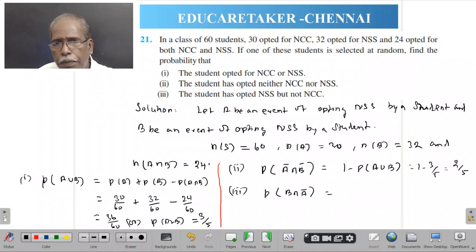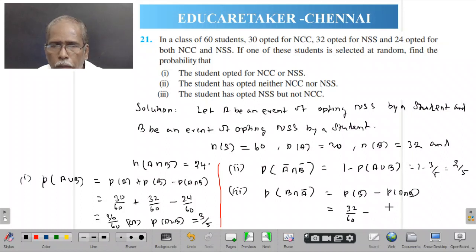How to get it? From P of B, we have to subtract the common part, P of A intersection B. P of B is 32 by 60 and P of A intersection B is 24 by 60.